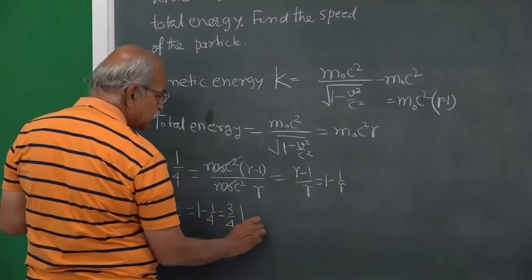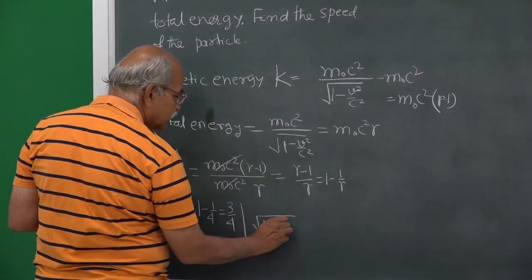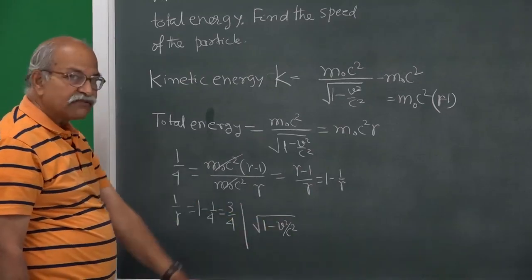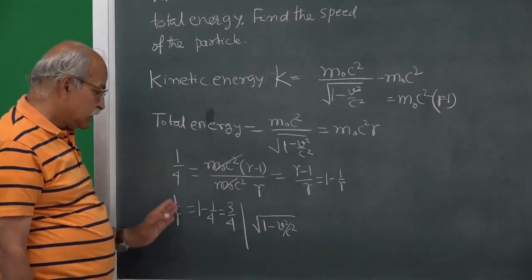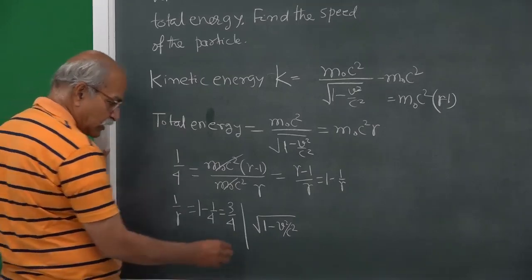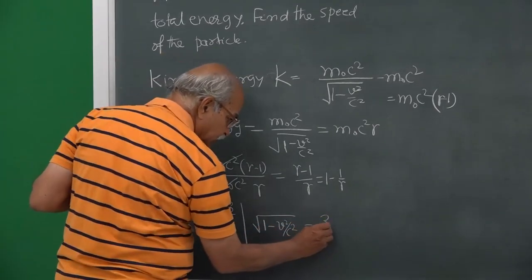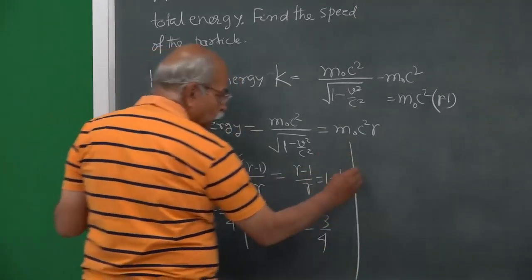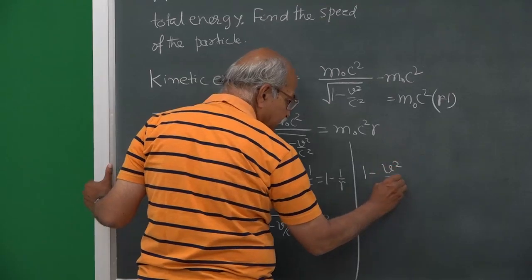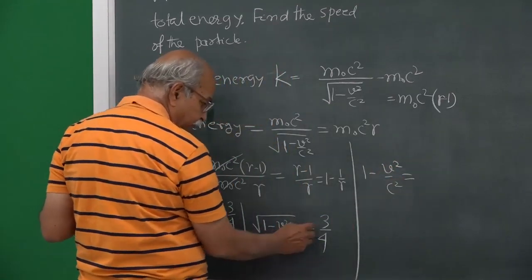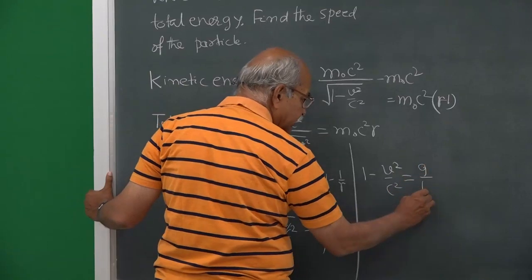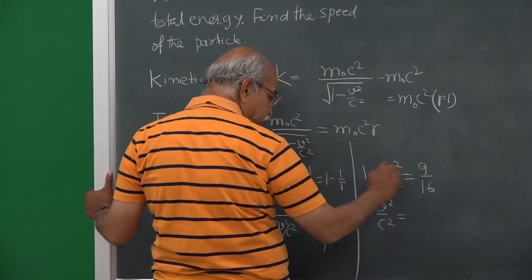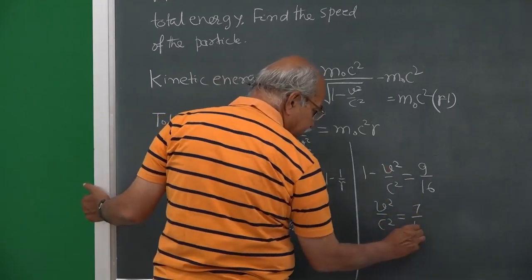You know what 1 by gamma is? It is the square root of 1 minus v square by c square, because gamma is 1 by square root 1 minus v square by c square. So, this is equal to 3/4. So, 1 minus v square by c square is equal to 9 by 16. So, v square by c square is 1 minus 9 by 16, that is 7 by 16.